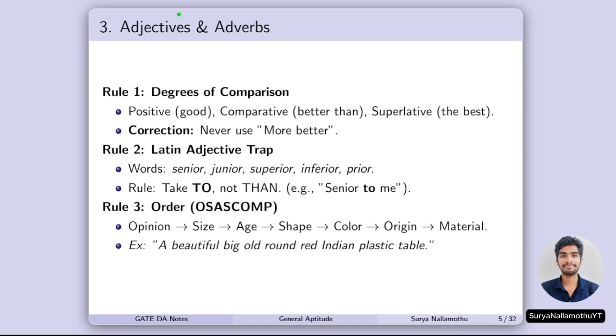And next, adjectives and adverbs. First, let us know what an adjective is and what an adverb is.